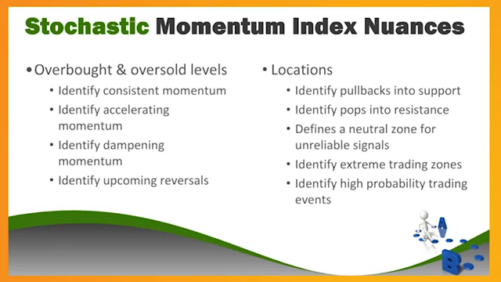For instance, if I am in a very trending zone, let's say my SMI is all the way up at 70, and it begins to roll over, many people begin to think, oh, this chart's rolling over, when indeed all it's doing is pulling back into support.